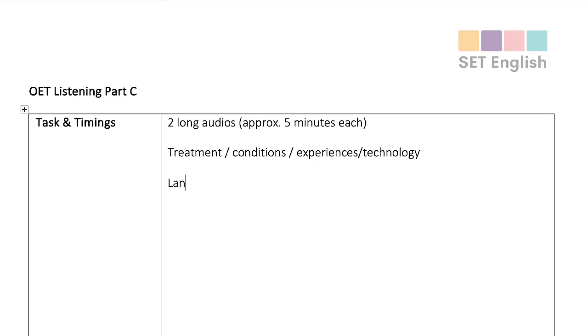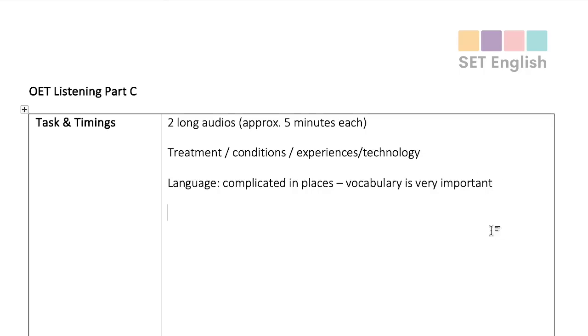The language will be a little bit complicated in places. So vocabulary is going to be very, very important, and we'll talk a little bit about that later when we talk about some advice.